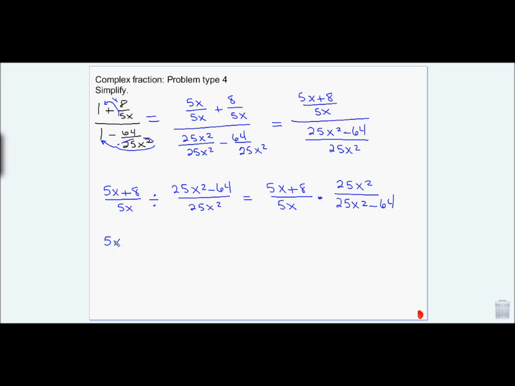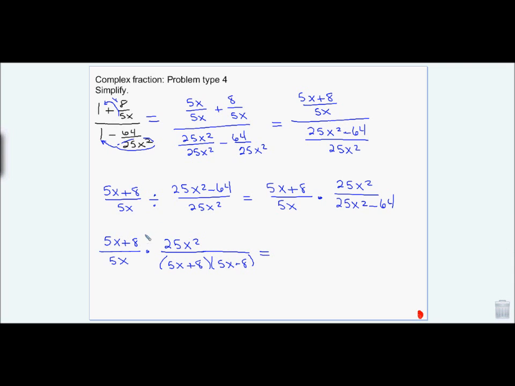So I have 5x plus 8 over 5x times 25x squared over, the square root of 25x squared is 5x, the square root of 64 is 8, so I have 5x plus 8 times 5x minus 8.